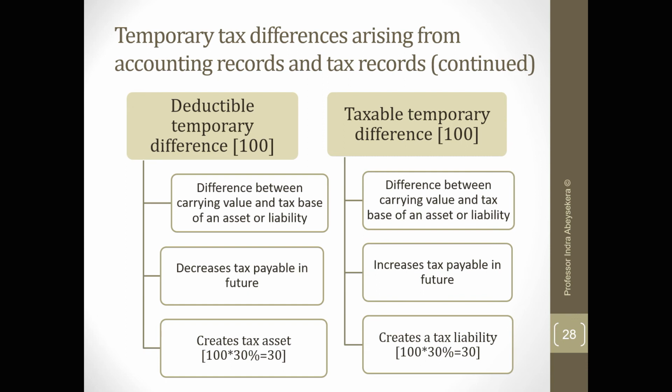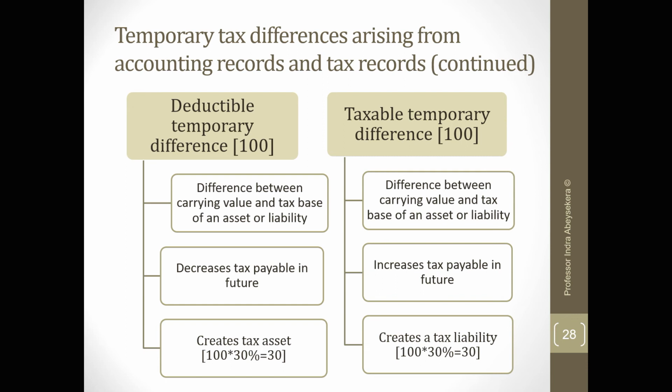So when it comes to taxation differences, the difference could lead to a deductible temporary difference. That means that difference can help us when we calculate the tax amount. And if it is a deductible temporary difference, then that will generate a deferred tax asset.